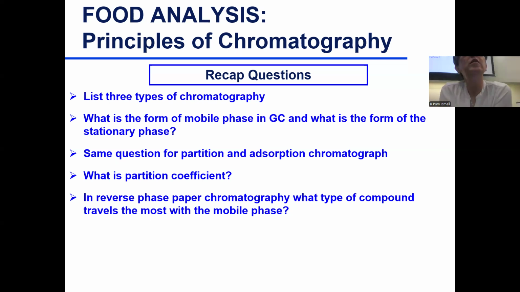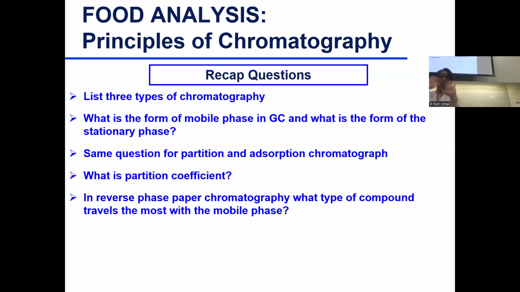Tyler? It's like the rate at which the mobile phase leaves the stationary phase. No, that would be the rate of the mobile phase. It's the ratio of the concentration of your solute, the thing you're looking at, in the mobile phase versus the stationary phase. So your solute is partitioning.